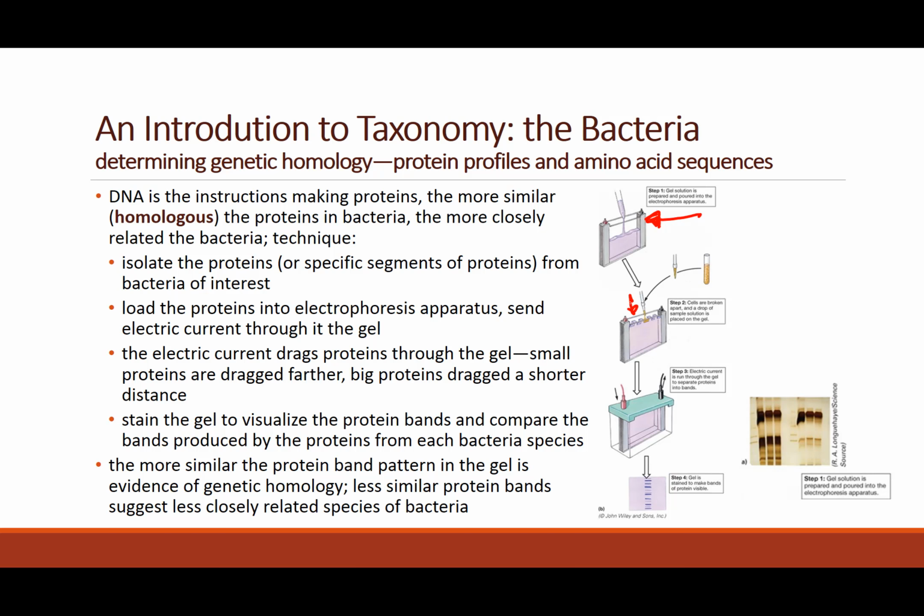Large proteins, on the other hand, take a lot more time to pass through this maze of gel molecules, and so they don't travel as far. So you do this process of electrophoresis, where you separate all the different lengths of amino acid segments of the protein. You drag them through that gel, and they separate out by their length.